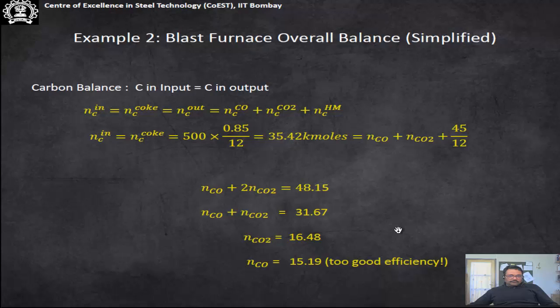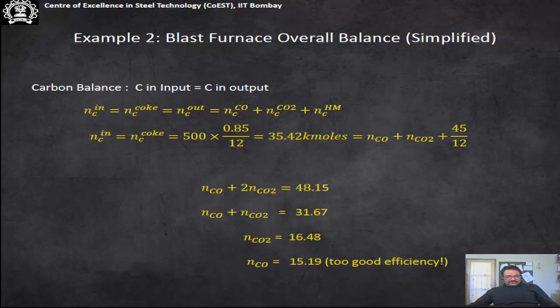Of course, generally the CO by CO2 ratio is on the order of 1. Here actually CO by CO2 is less than 1, which is actually too good an efficiency. Maybe our coke rate was actually less than what should have been. There are other considerations which one can see.